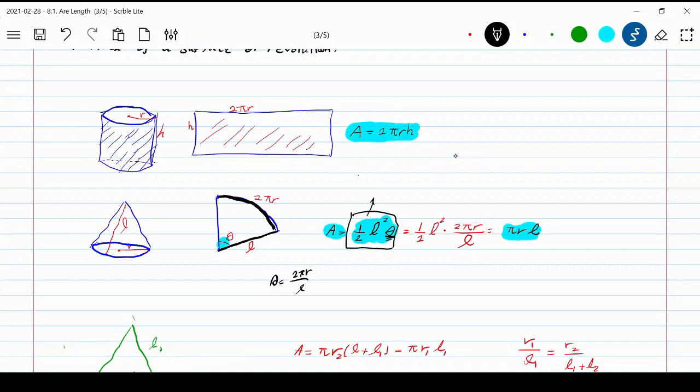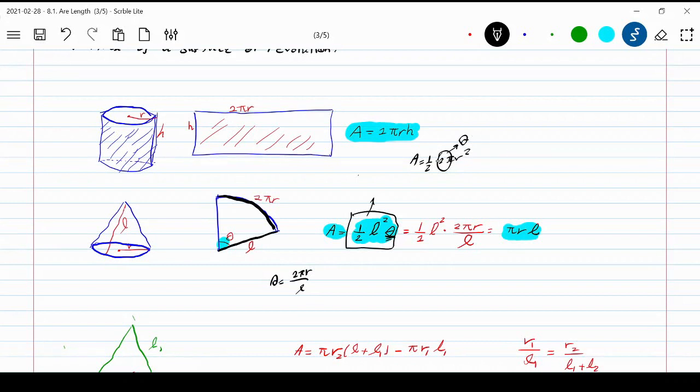This is just a section of the circle. If you had a full circle, the area would be pi r squared. It's the same as 1/2 times 2 pi, where 2 pi is the total angle of a circle.